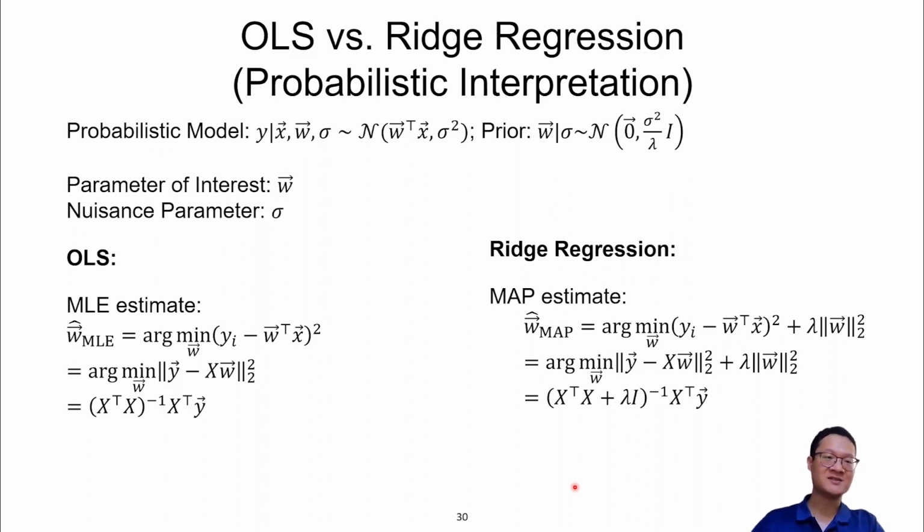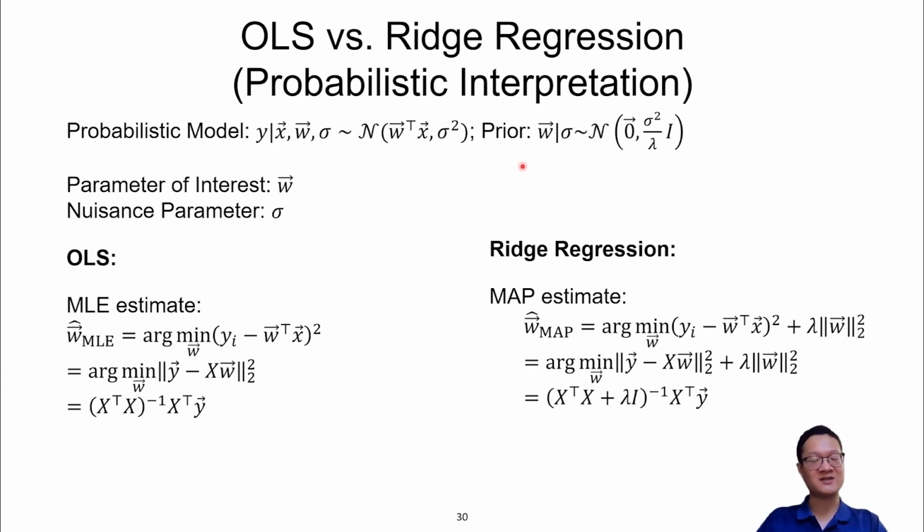In this case, we considered a probabilistic model where the model output is a normal distribution with mean w transpose x with a variance of sigma squared, where sigma is the nuisance parameter that we don't necessarily need to determine, right? The most important thing was w.